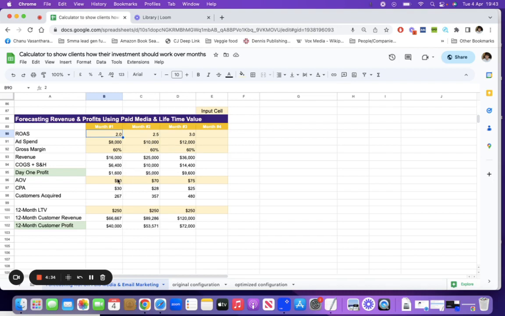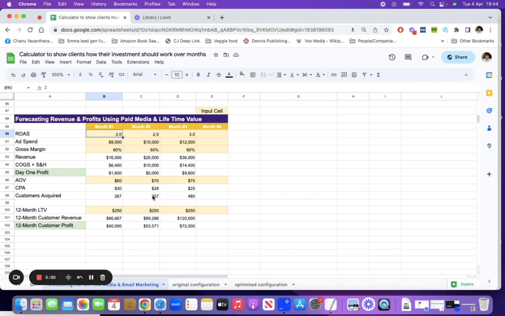And let's say, because you hit a season where there's more demand and maybe a really good offer, you managed to bump up the average order value to 70. Now your CPA is 28. So you've increased the AOV but reduced the CPA because of all these metrics in place, and your customers acquired now is 357.